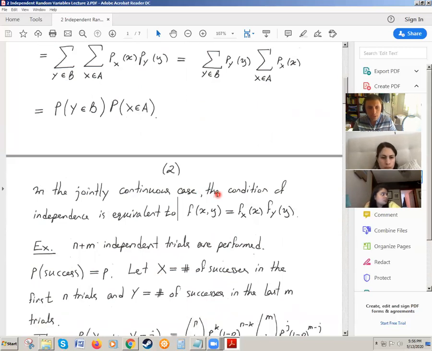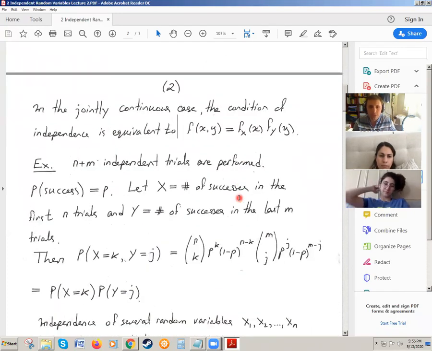In the case of continuous random variables, the independence property is also inherited by the density function. So the density function will satisfy this multiplicative result.